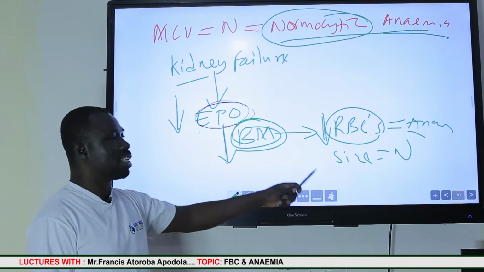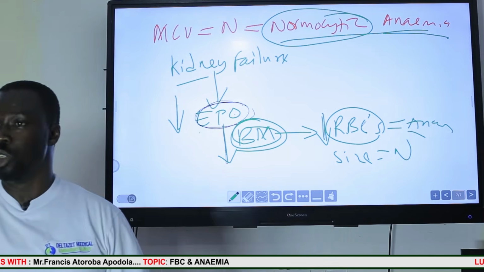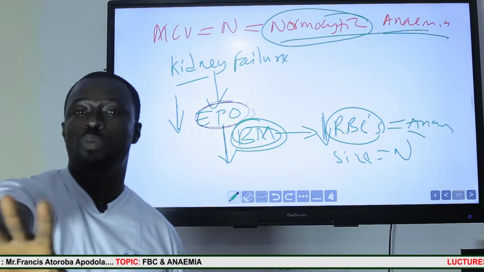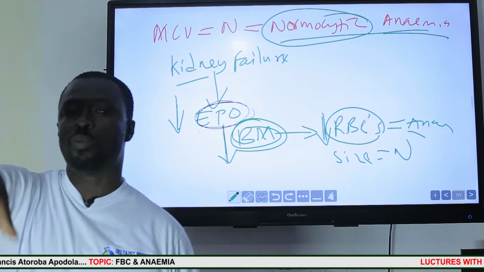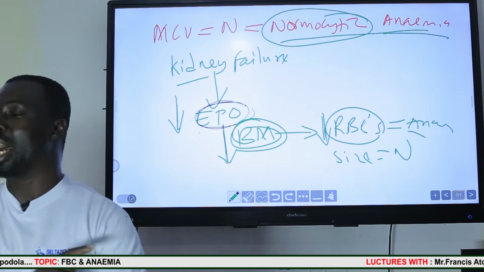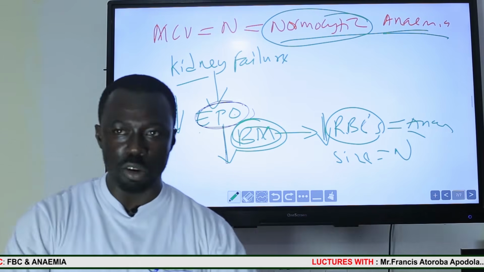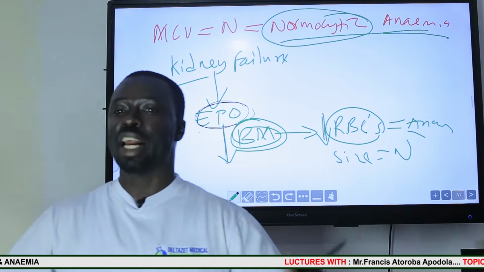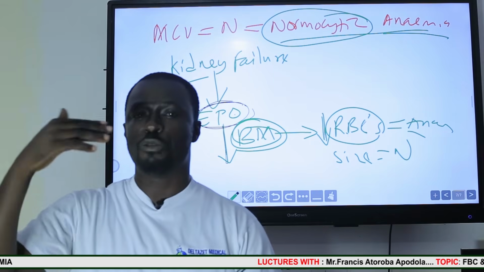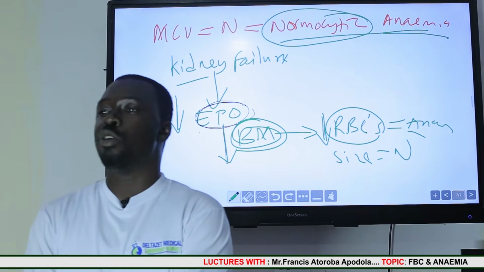So bone marrow disease or bone marrow failure can also result in normocytic what? Anemia. Patients who are on chemotherapy receive some drugs, and the drugs went and suppressed the bone marrow. It has just suppressed the bone marrow. It isn't that the bone marrow cannot produce red blood cells at all. It isn't that the bone marrow has been shut down completely. The bone marrow is actually working, but the drugs have suppressed it from performing its full responsibility of producing an adequate number of RBCs.